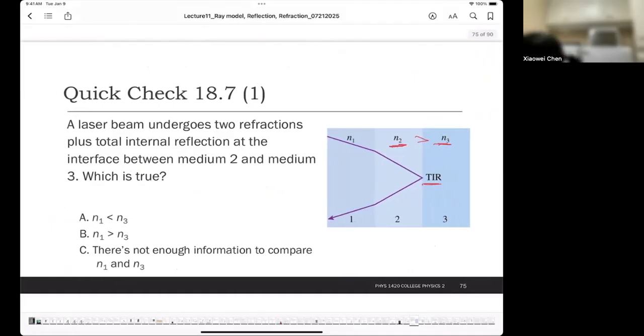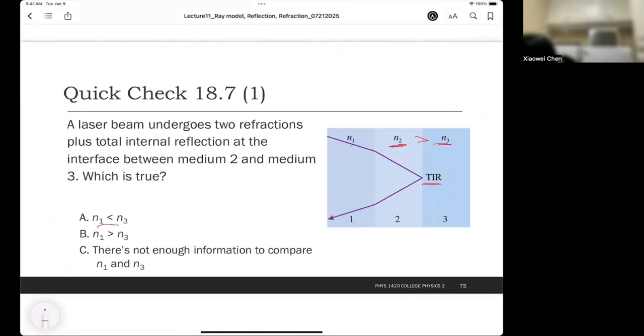So the question has options; just compare N1 and N3. We need to find the relationship between N1 and N2 first. Let's write down this line. You can see this theta 1 and this theta 2.